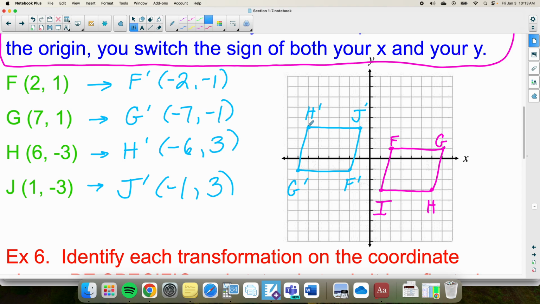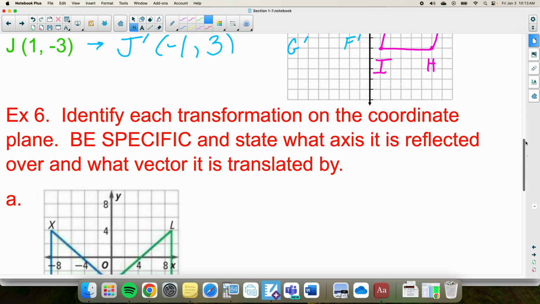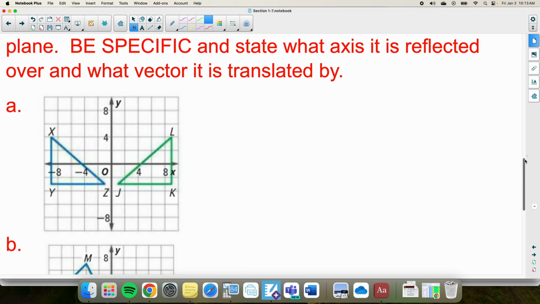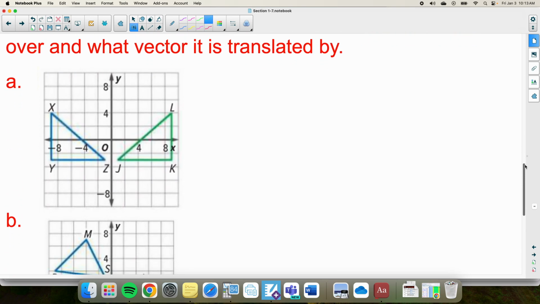And what happened here is this figure got turned upside down, if you notice, and that's what would happen. You just kind of think if you took it and turned it 180 degrees, what would it look like? Okay? Now, if you guys just look at this, what kind is this one?